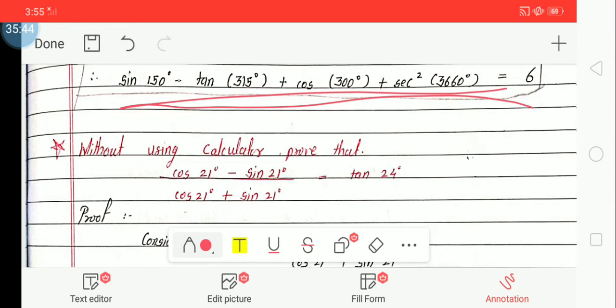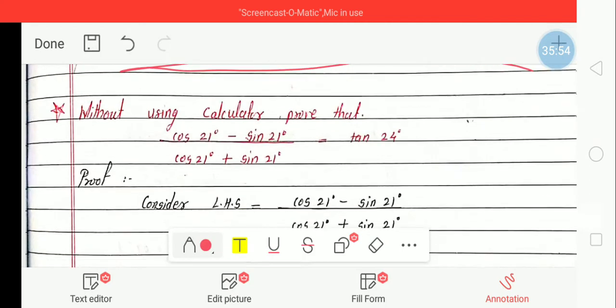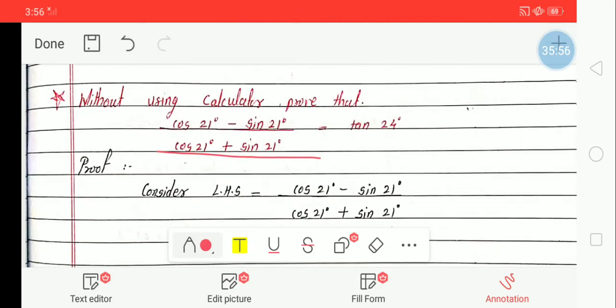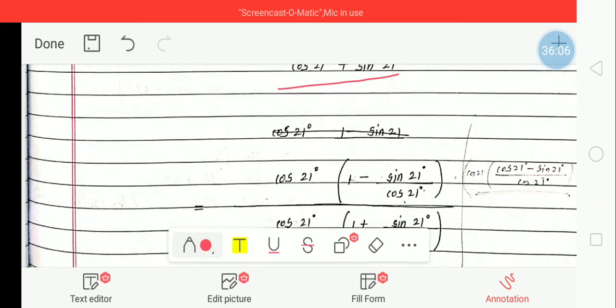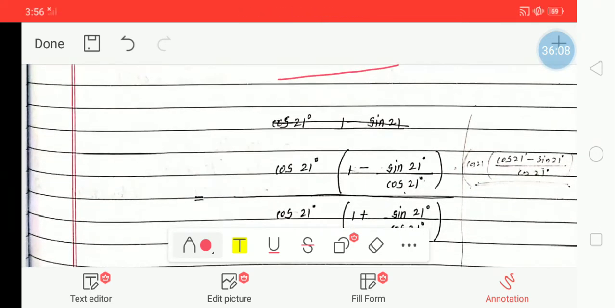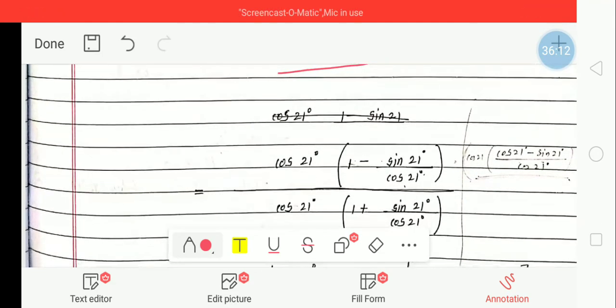Without using calculator, we want to prove this one: cos of 21 minus sin 21 divided by cos of 21 plus sin 21 is equal to tan of 24. We want to prove it. Now we take the LHS, this one, and we write it in this way.